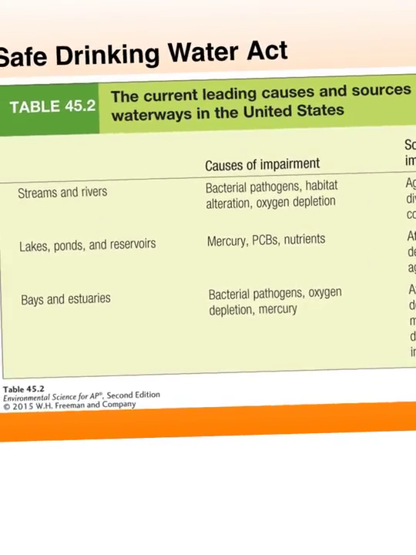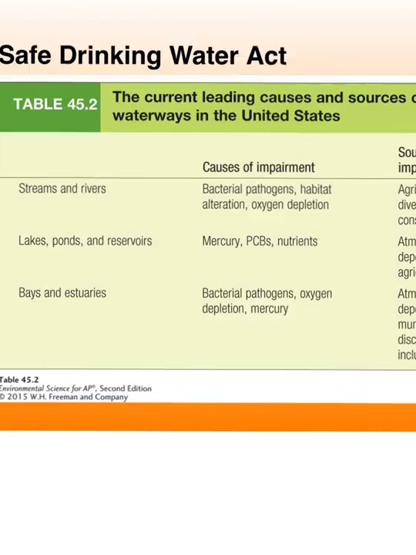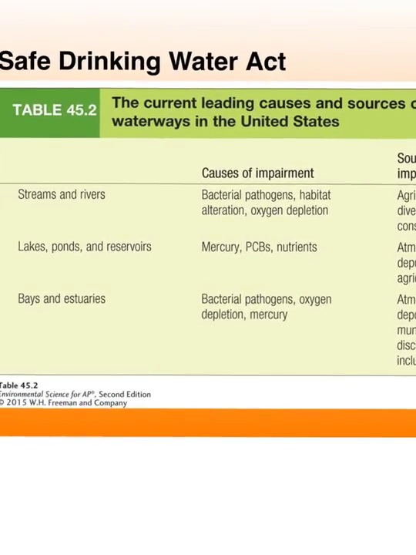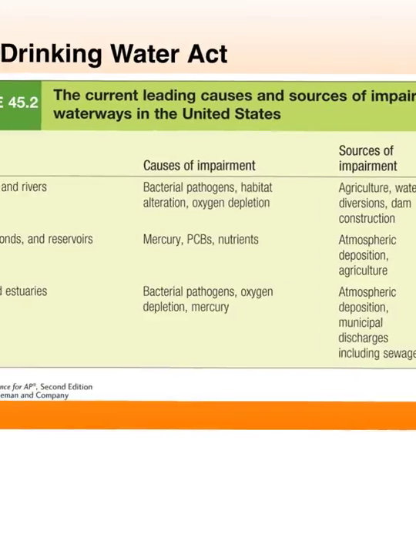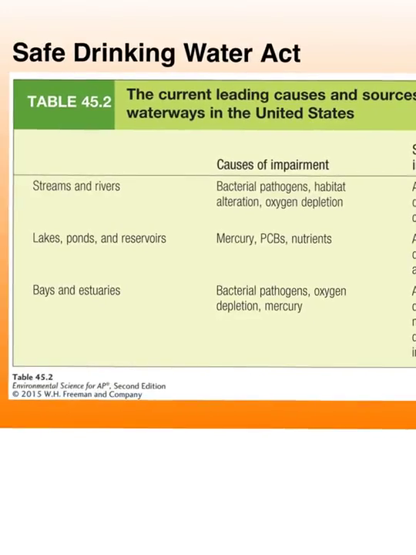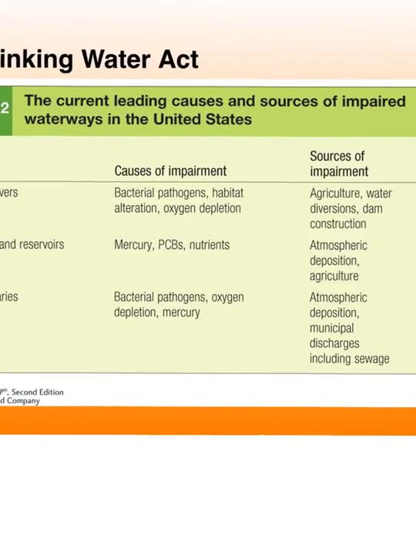Okay, lakes, ponds, and reservoirs. So how do these things get jacked up? Mercury, PCBs, and nutrients. And that comes from atmospheric deposition and agriculture. Atmospheric deposition is just things like acid rain, right? Bays and estuaries. So we're talking about ocean to freshwater transitions. Bacterial pathogens from wastewater not being treated before it's flushed out.